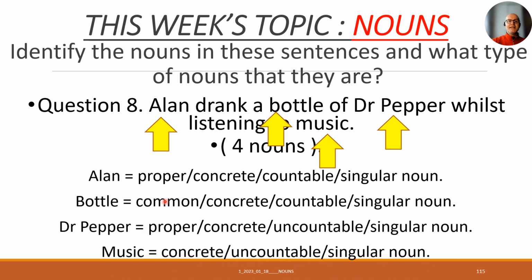In this sentence, Alan is proper, concrete, countable, singular. Bottle, common, concrete, countable, singular. Dr. Pepper, proper, concrete, uncountable, singular. Music, concrete, uncountable, singular.